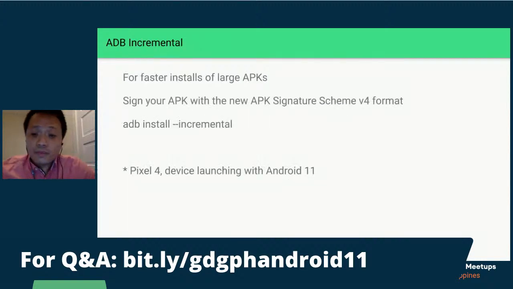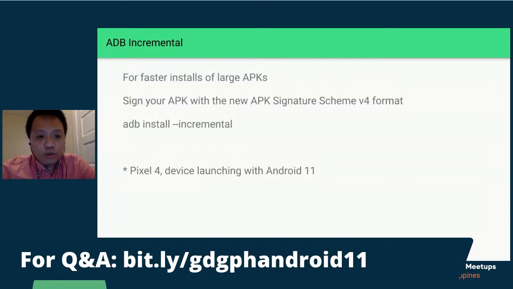And then ADB incremental. If you have a large application, or so-called split APKs, or probably games that are so bulky, you can speed up the installation with ADB incremental.